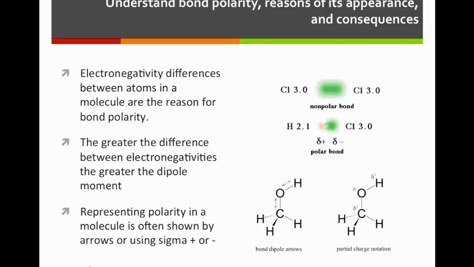The greater the difference between electronegativities, the greater the dipole moment. You can see how the dipole moment can be shown numerically by looking at the bond dipole arrows. Sometimes arrows are used, as you see there, but most oftentimes we use a delta with a plus or a minus sign.